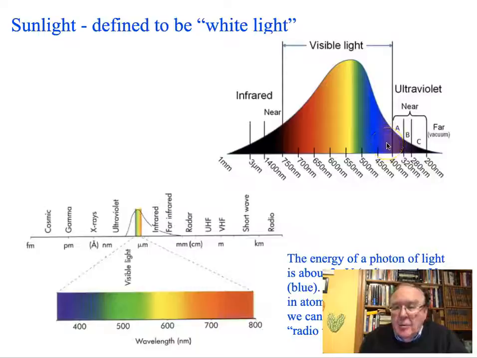That's all the visible range, and it's called visible because our eyes detect that light. They don't detect stuff outside of that band. That's what we see, and that's all we see.